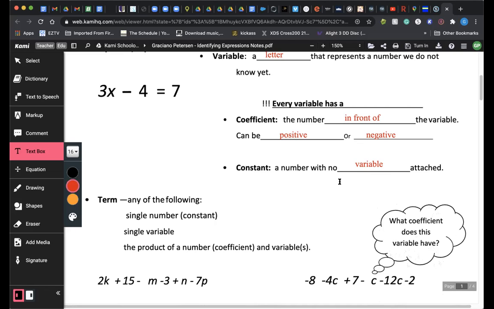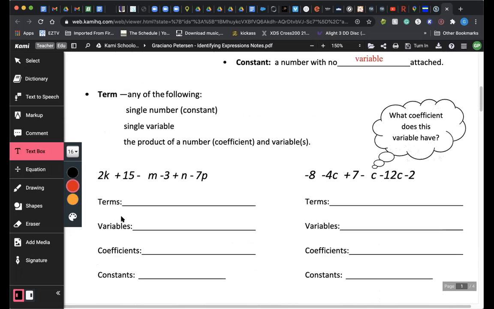So we would combine those two together. But you have to understand that every single thing that is in the equation or expression is considered a term.